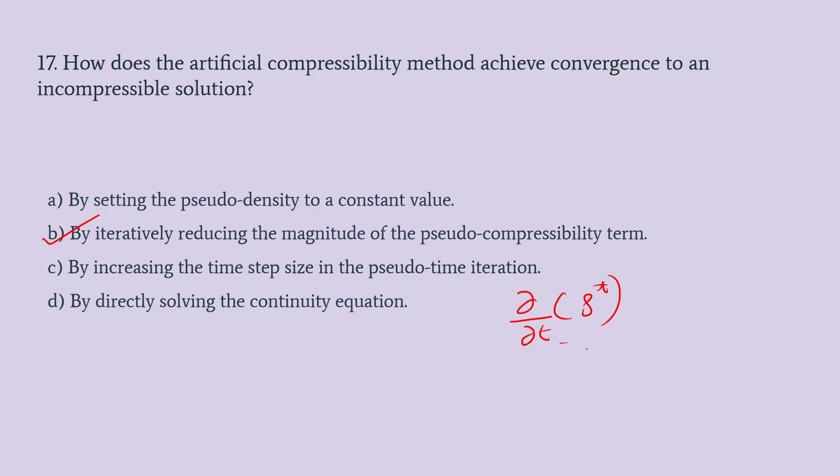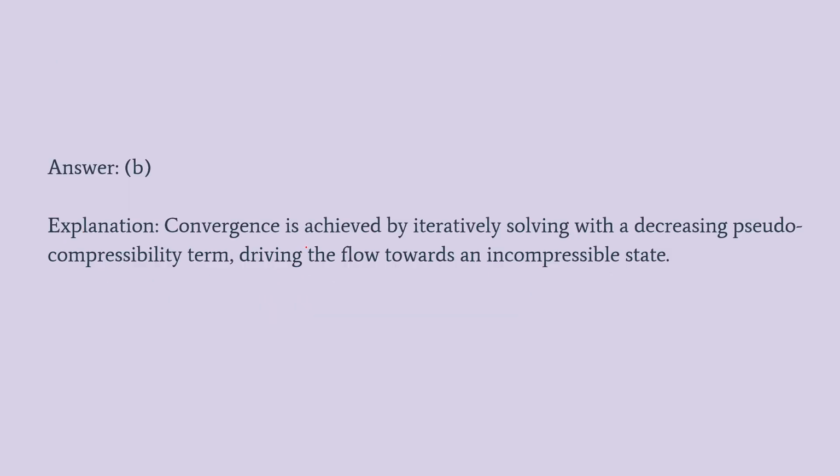So in order to nullify the effect of the terms we have introduced, we have to reduce the magnitude of this term by time marching it. So we have to run a time iteration loop in which that term's magnitude reduces and becomes 0. So our answer is option B.